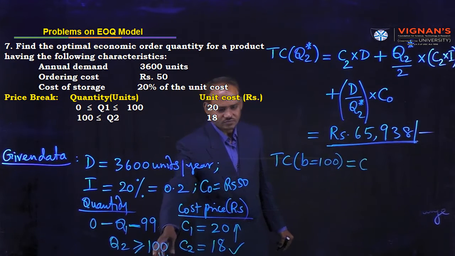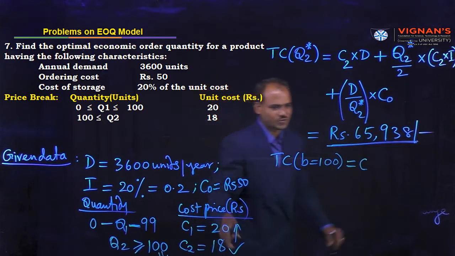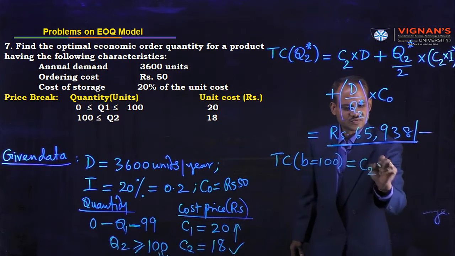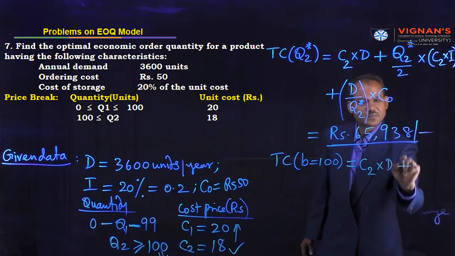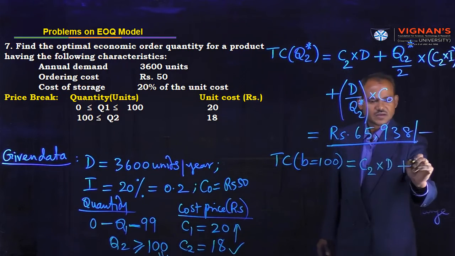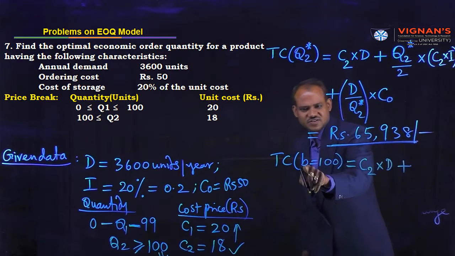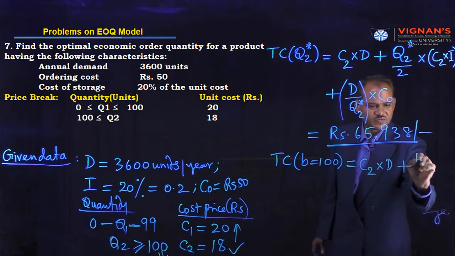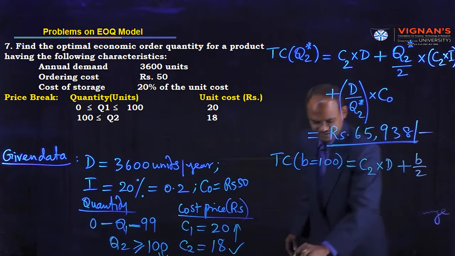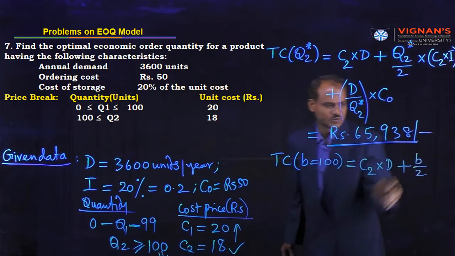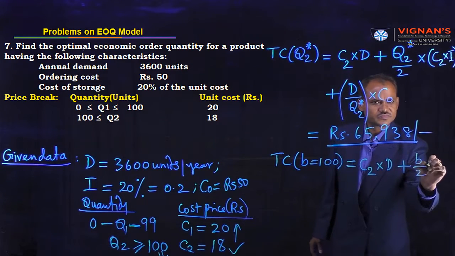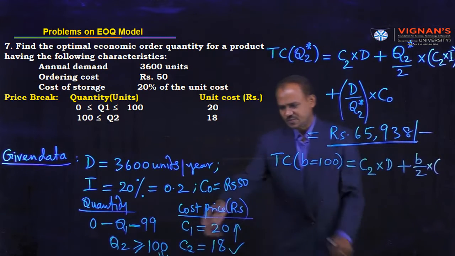Therefore, this price is known as C2. So C2 into D, same, plus in place of Q, substitute B, break quantity. B by 2 into cost price, which is the same.